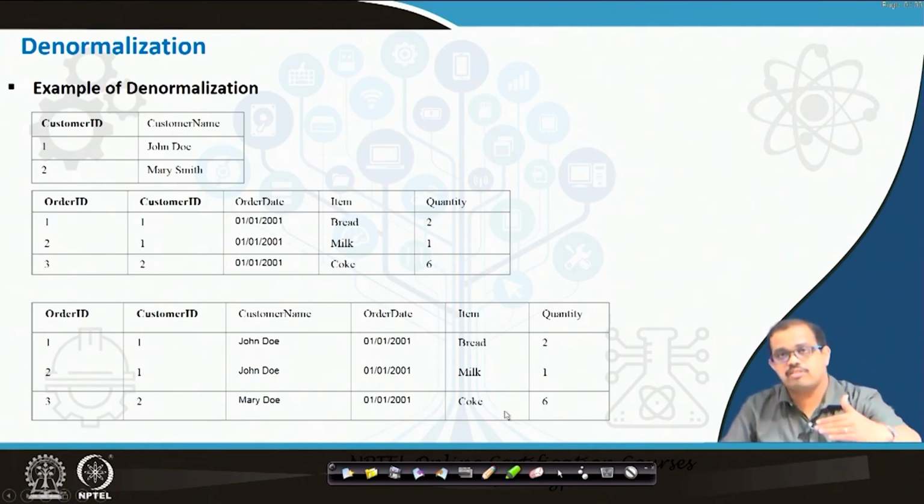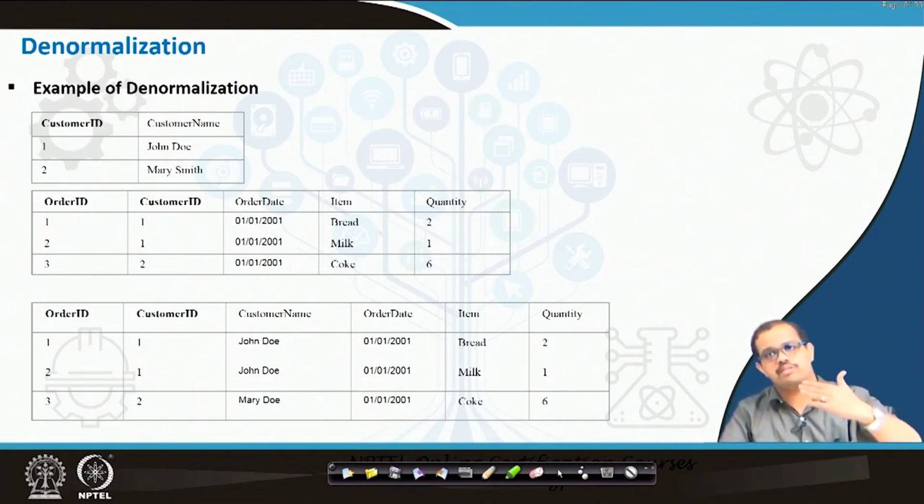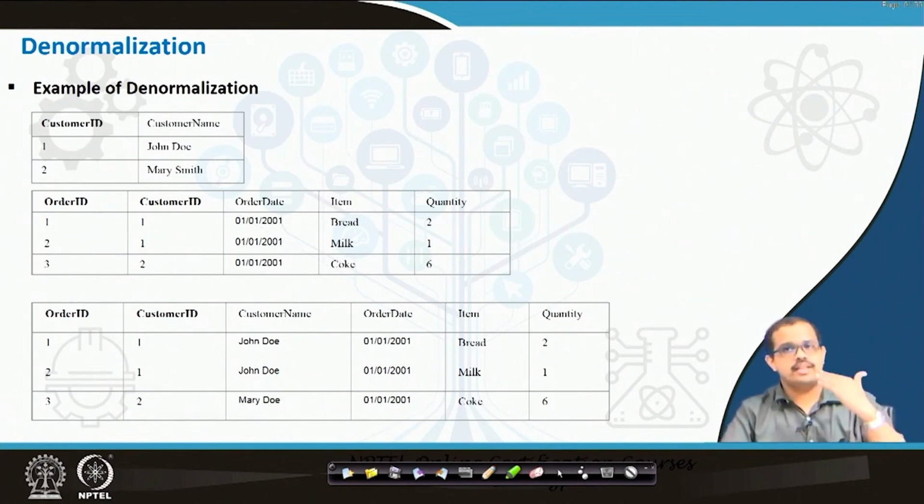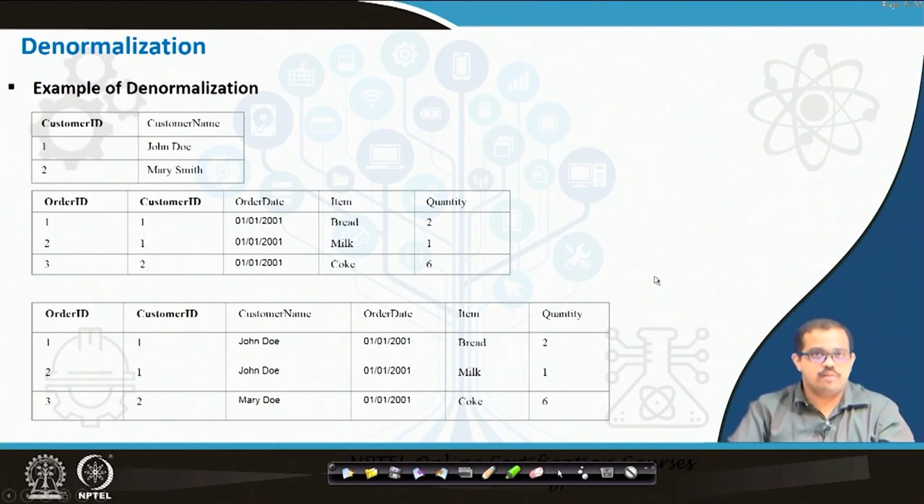So you have processed from the second normal form to the first normal form, which means you are denormalizing by one extent. That is what is called denormalization. Similarly, if you go from fourth to third to second, it is 2 steps. If you go from 4 to 1, it is 3 steps of denormalization. That is how denormalization works.